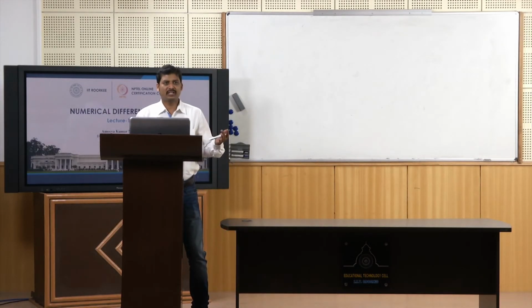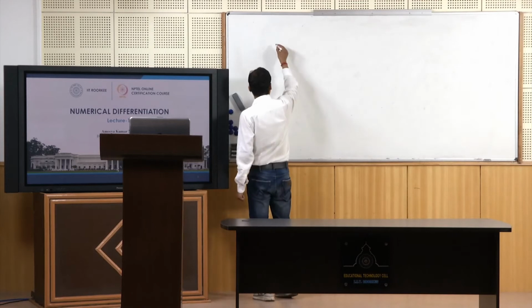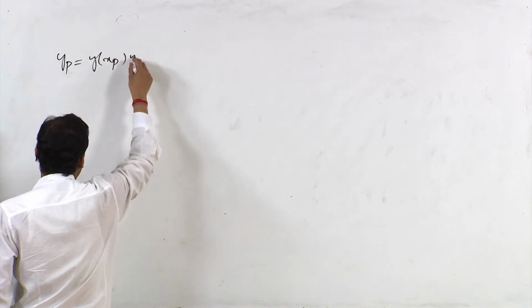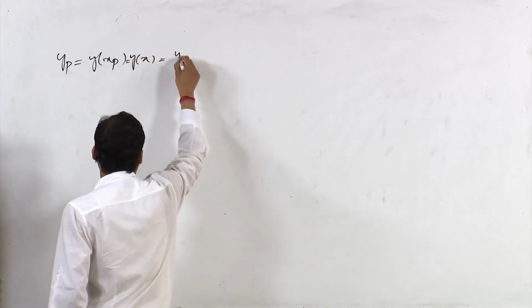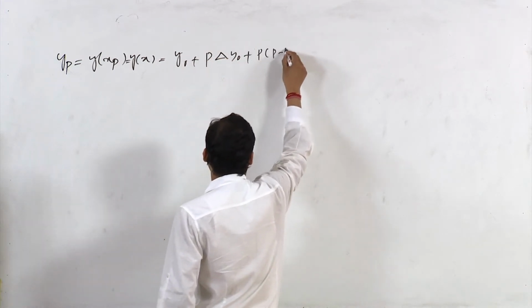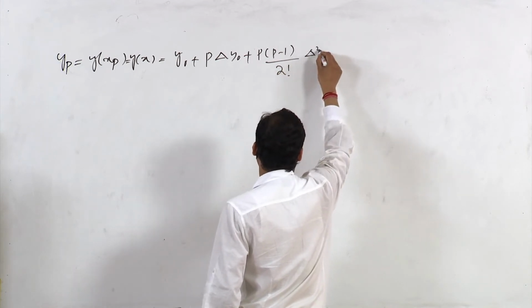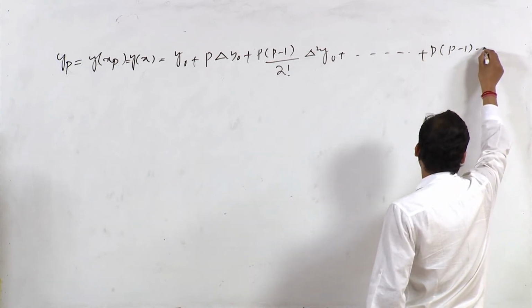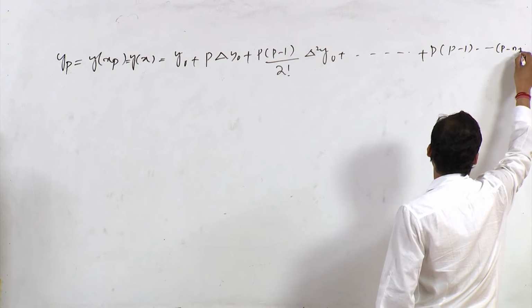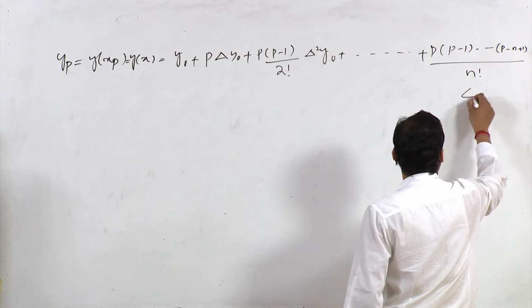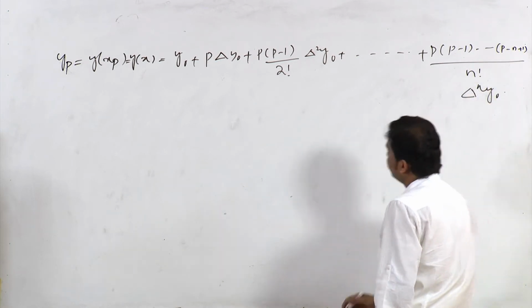We have already discussed this in previous lectures, and if I write it once more, Newton's forward difference formula can be written in the form of y of xp or y of x as y0 plus p delta of y0, plus p into p minus 1 by factorial 2 delta square of y0, plus up to p into p minus 1 up to p minus n plus 1 by n factorial delta to the power n of y0.